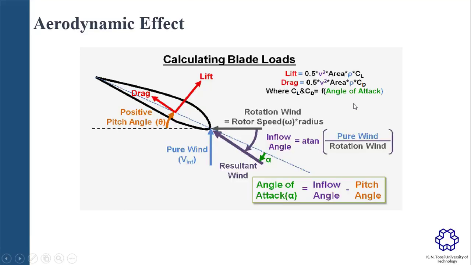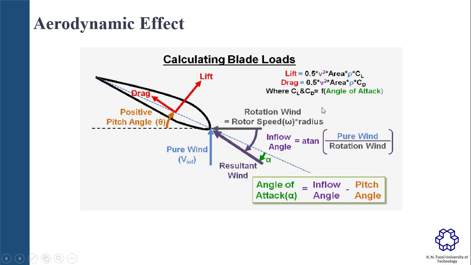The forces acting on the blades are lift and drag forces. There are other forces too, but these two are the most important. The lift and drag forces are a function of the lift and drag coefficients, where the lift and drag coefficients are a function of the angle of attack.